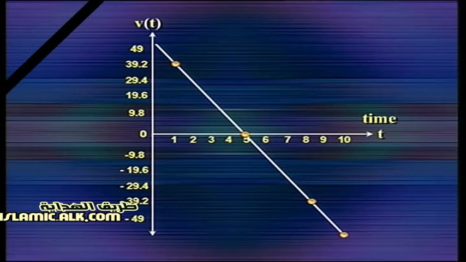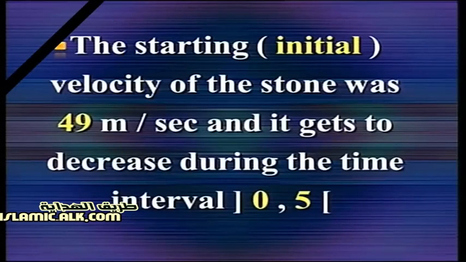When t equals 10, it equals negative 49. Look, the initial velocity of the stone was 49 meters per second. When t equals 0, the initial velocity v naught is 49 meters per second.